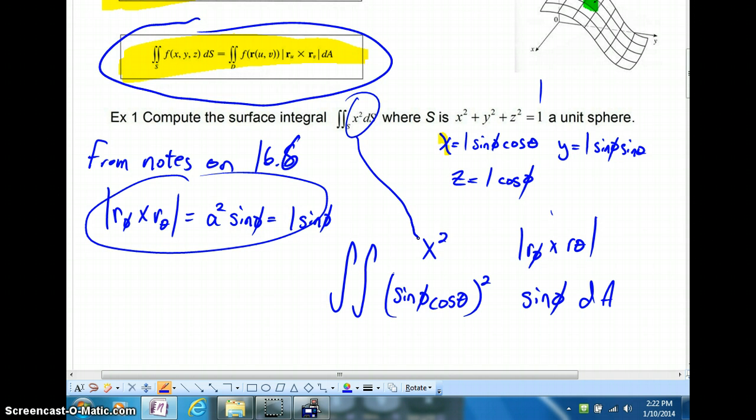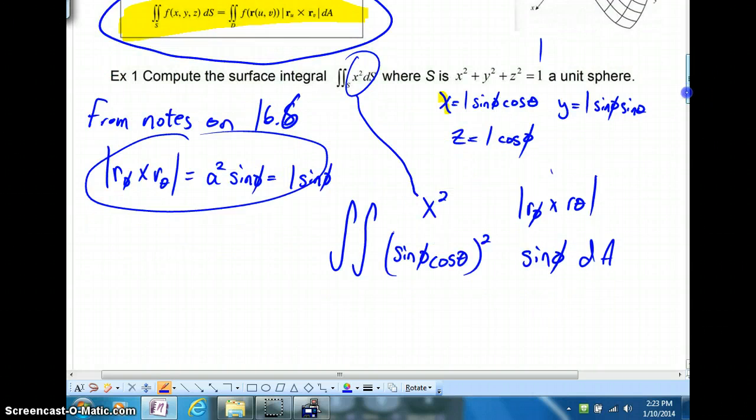And even though that's the case, our function is going to be touching and be defined on that little patch. So the parametrization that we have for the surface will be applied to the function as well. So for x squared, we already had x equal to sine of phi, cosine of theta. We could put that in there.